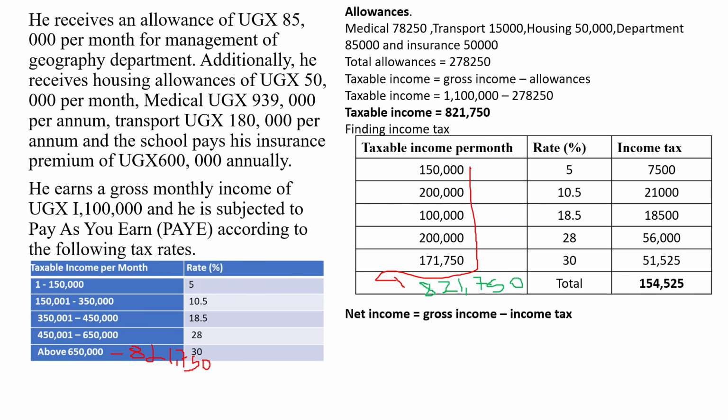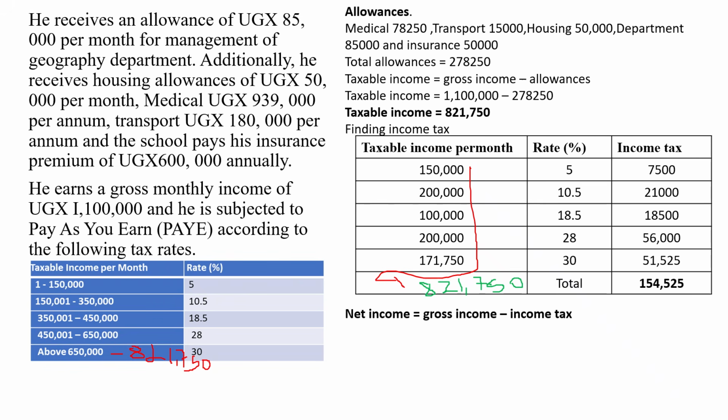And then net income is equal to gross income minus income tax. Net income is the amount of money that appears on your account. And what does not appear on your account is either NSSF or income tax. So allowances appear on your account. That's why we get gross income minus what does not appear on our account.